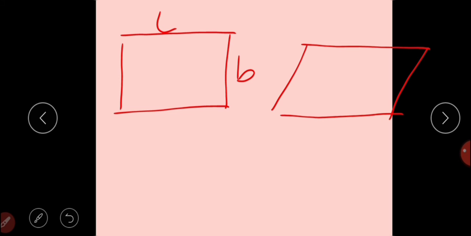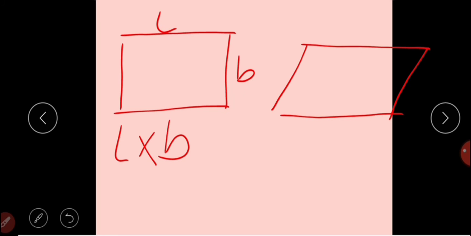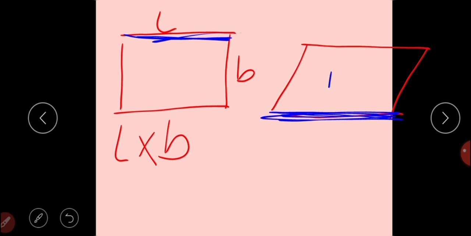The formula for the rectangle is length multiplied by breadth, right? And we know that the parts of parallelogram, अगर ये हमारे पास लेंथ है तो यहाँ पे जो ये वाली पार्ट है, in that we call it base of a parallelogram.